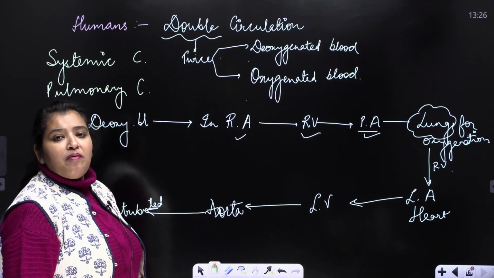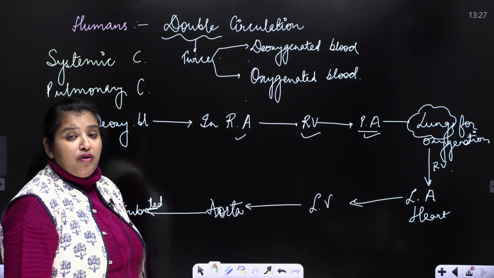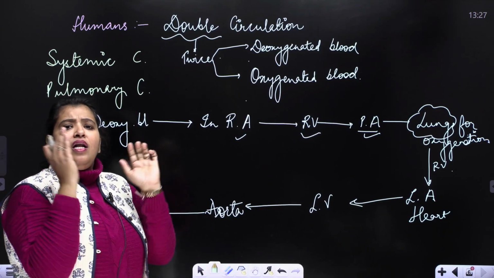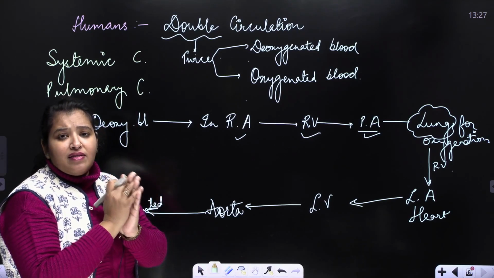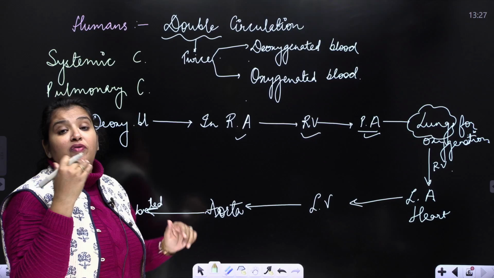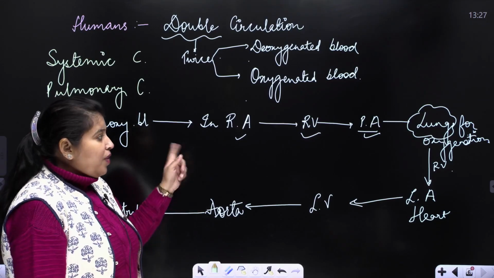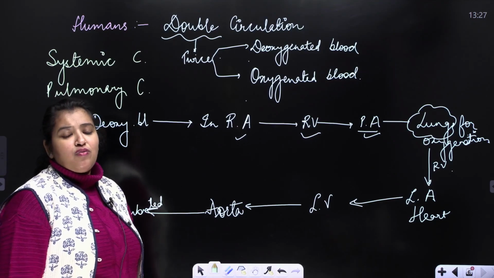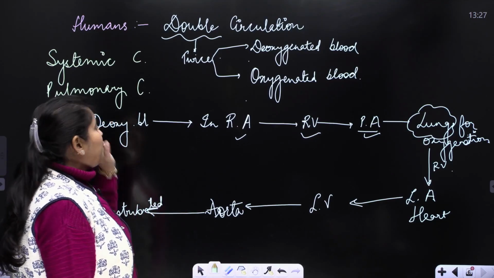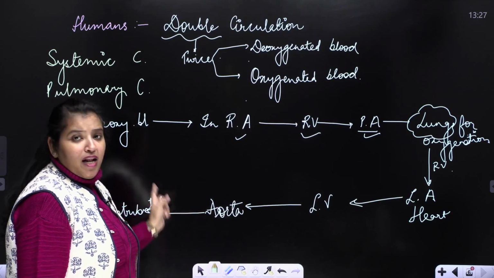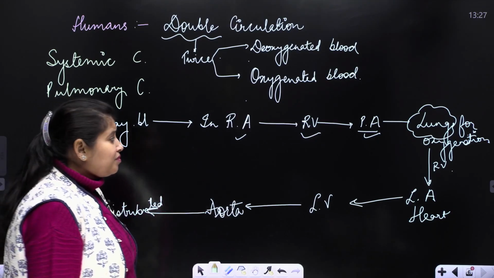When I say systemic circulation and when I say pulmonary, if you remember, I have already told you that whenever lungs come into the scene, we will call it pulmonary circulation. So here, which part of the circulation will be pulmonary and which part will be systemic? Let's have a look with the help of this flow chart itself.